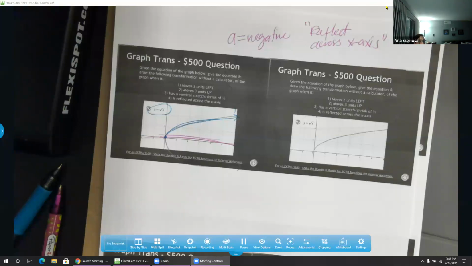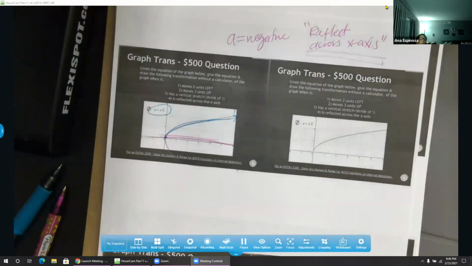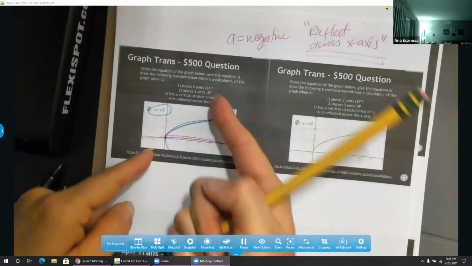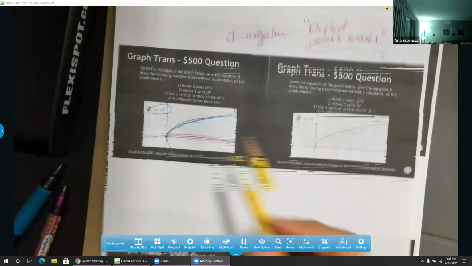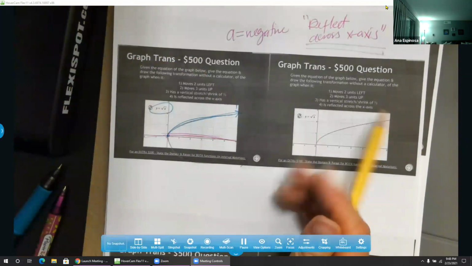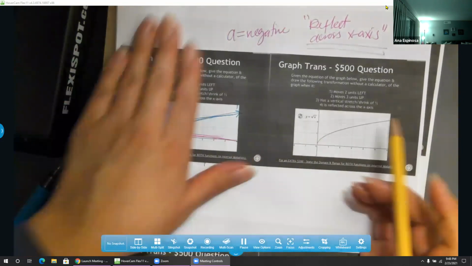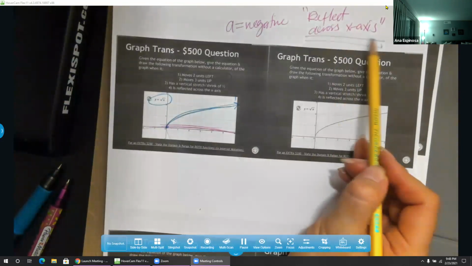So be really careful, because that's what it is if you have no H and no K at all. You just basically reflect it. However, if you have already moved it H and K units, it's not a reflection across the x-axis.